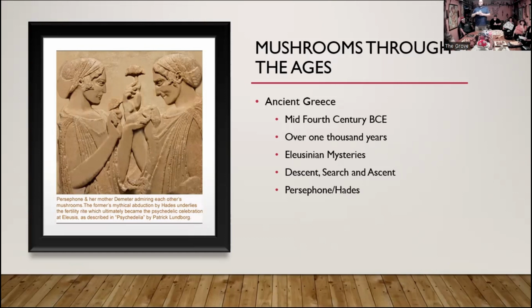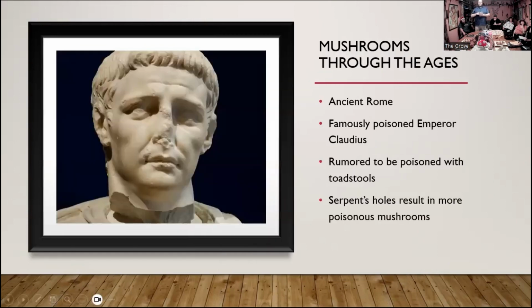All right, next slide, please. Here we go. Now we move to ancient Rome. Mushrooms had a very negative impact on ancient Rome. They were considered a vile product in that time frame. They were considered to be dangerous.